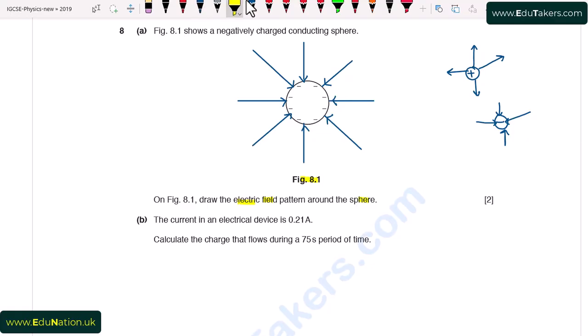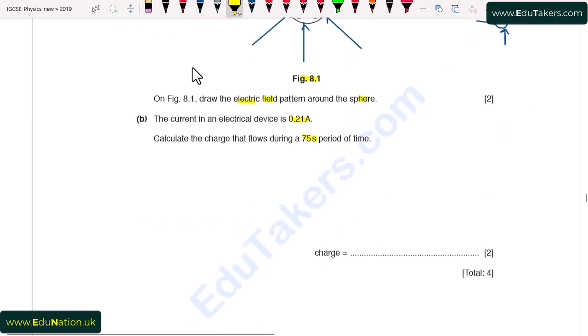Part B. The current in an electrical device is 0.21 ampere. Calculate the charge that flows during a 75-second period of time. So here time is given and also the value of current is given, and we have to find out the value of charge.